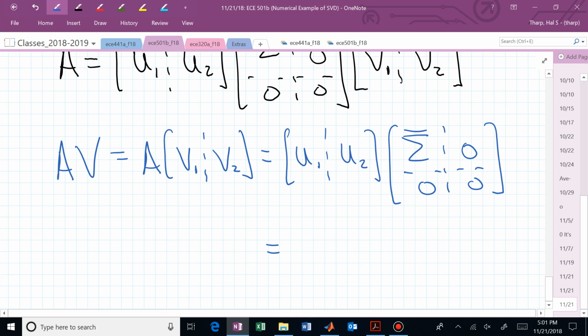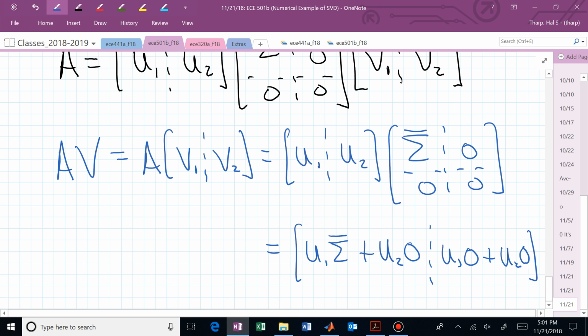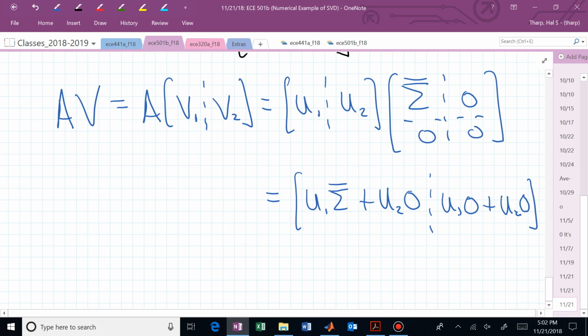And what do we have on the right-hand side? We now have U1 times sigma bar plus U sub 2 times 0. And in the second partitioned space, we have U1 0 plus U sub 2 0, performing this submatrix structure.